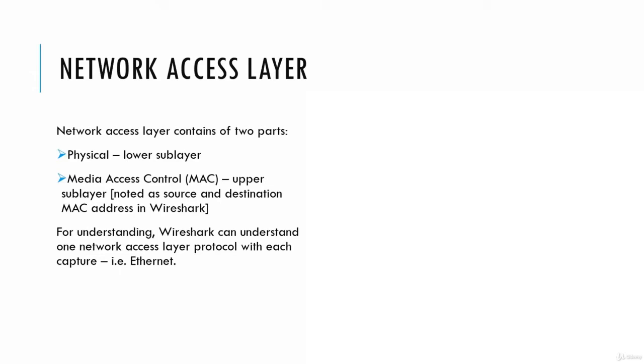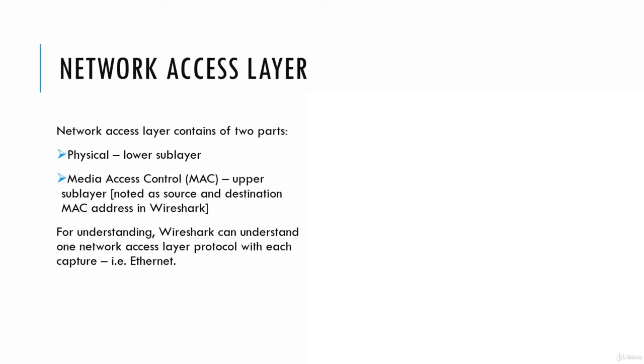At this layer, information is contained in frames, so each frame contains a user's payload, their source and destination MAC address, that's the media access control address, and some other fields. The most important protocol that works at this level is Ethernet for LANs, but there are several other protocols you can run as well, such as Wi-Fi.